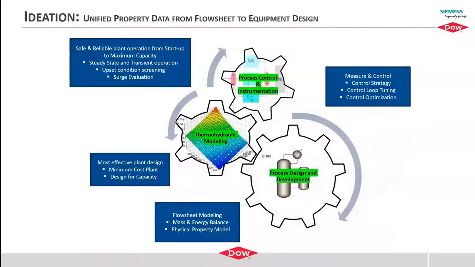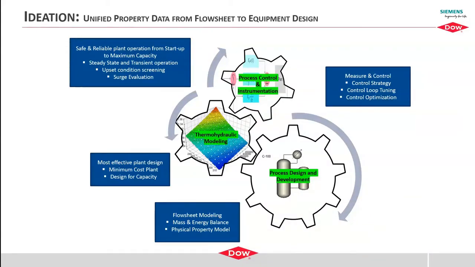On the ideation of this entire effort: when it comes to engineering calculation and the design and rating of process equipment, physical properties are key, and of course accurate physical properties are very important. This is certainly not a surprise, especially for this audience.